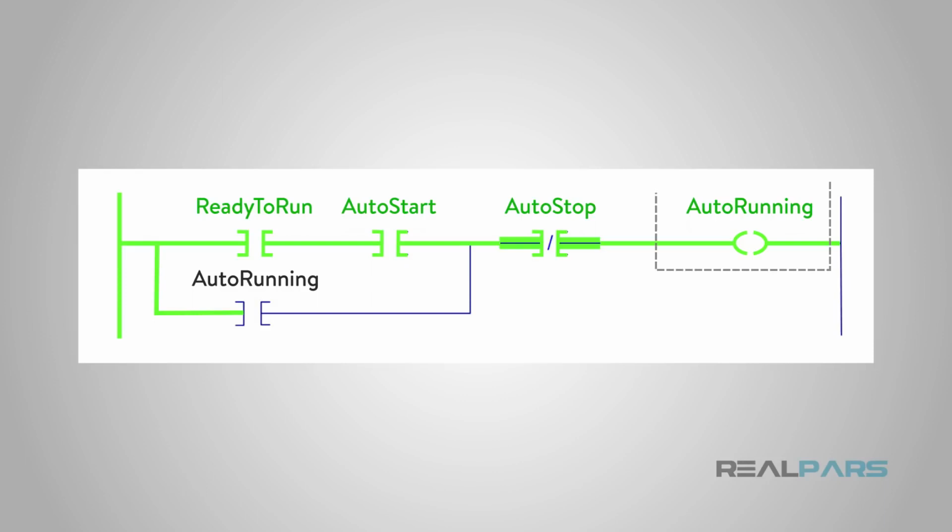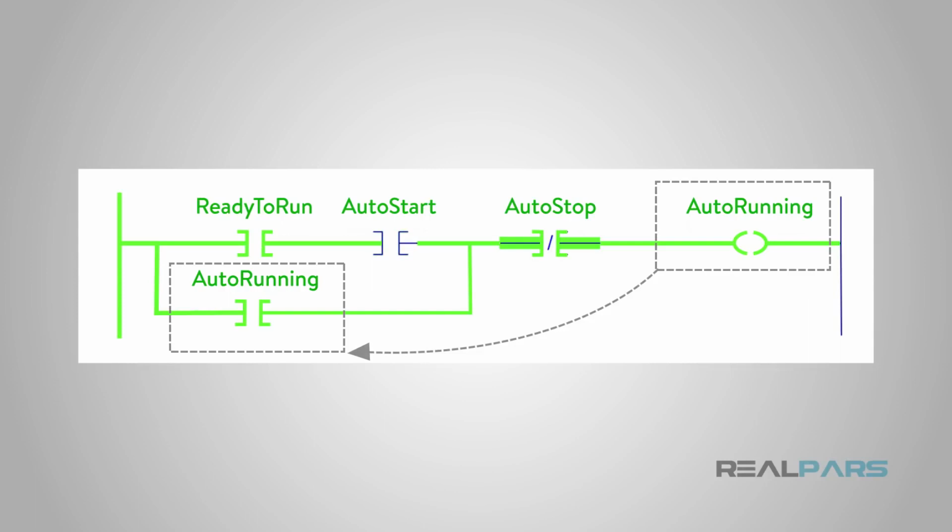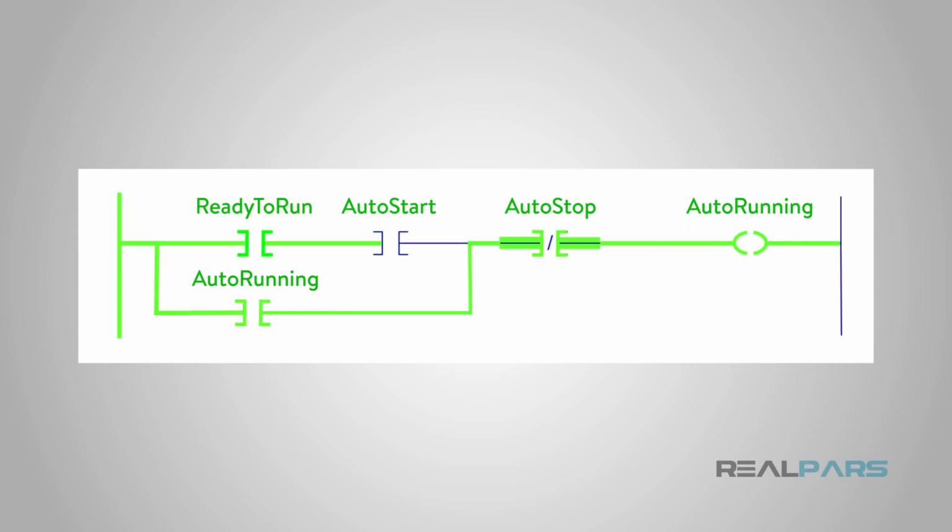When we energize the auto-running coil, that also energizes the auto-running contact, which keeps the auto-running coil energized, continuously cycling, until we push the auto-stop button. Since that is a normally closed contact, when we push the button, it stops conducting, which de-energizes the coil.